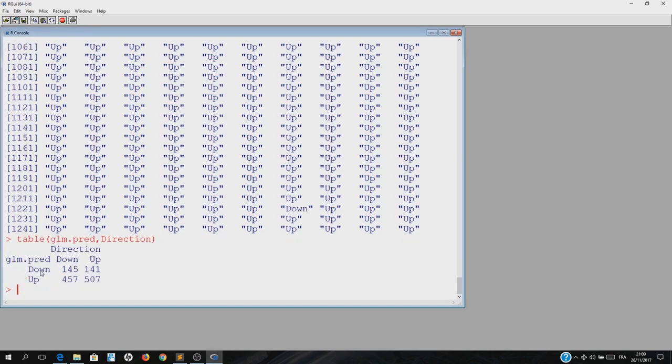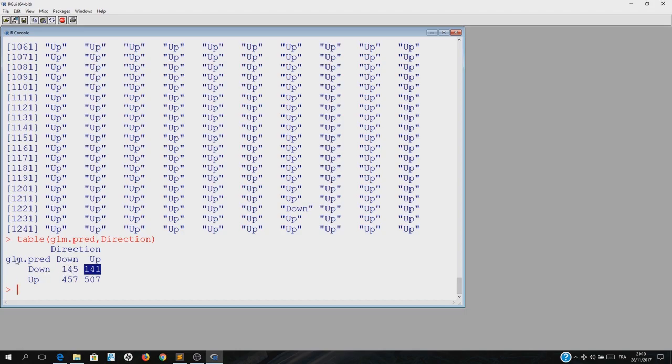So here is the table. This is our predictions and this is the real directions. So down was predicted 145 times, but it was up 141 times. It was down. It was really down.